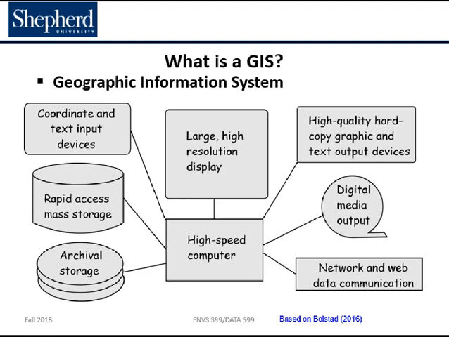Trained personnel and protocols are required if the GIS is to be properly applied. A GIS may then be incorporated in the question, collect data, analyze data, make a decision loop when solving problems.